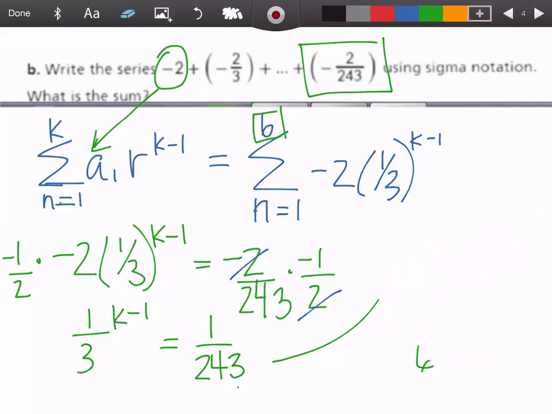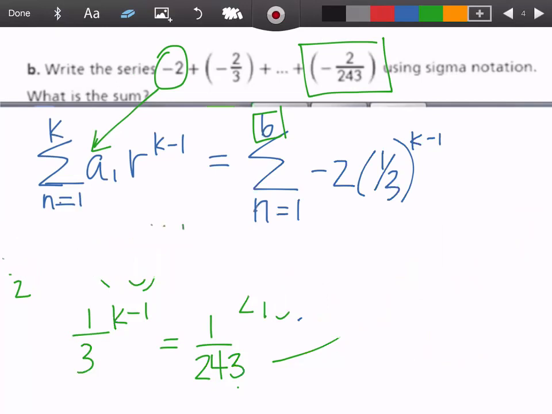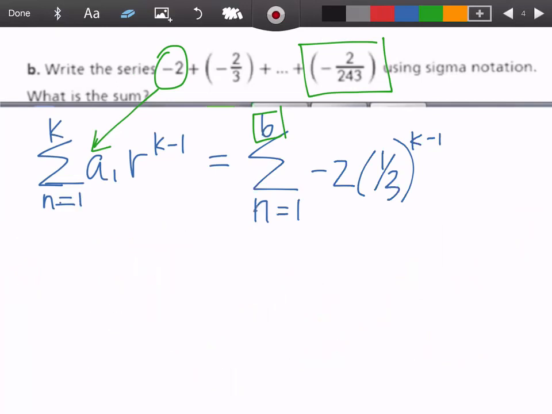Now the only thing we have left to do for this part B is to find the sum. We have written this expanded form into sigma notation. Now we just need to know the sum. And the sum is going to be the sum of all those 6 terms in the series.